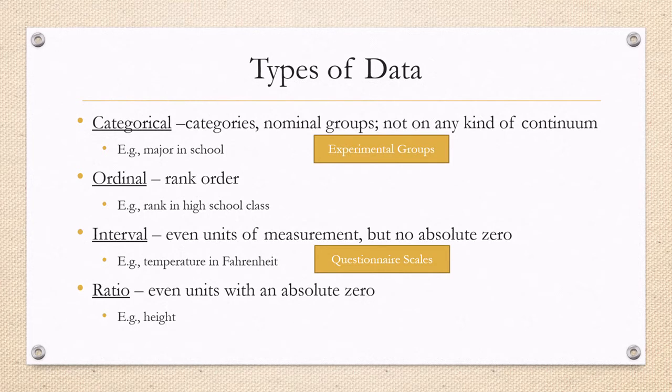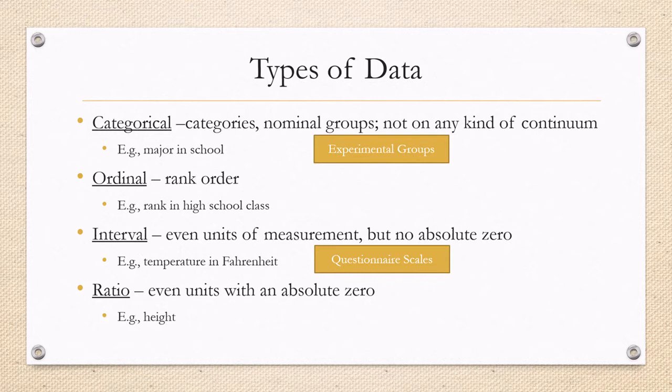So in general, experimental groups are going to be categorical. You have an experimental condition and a control group. Or you may have 2 experimental conditions or more and a control group. Many outcomes or dependent variables will be measured on an interval or ratio scale.